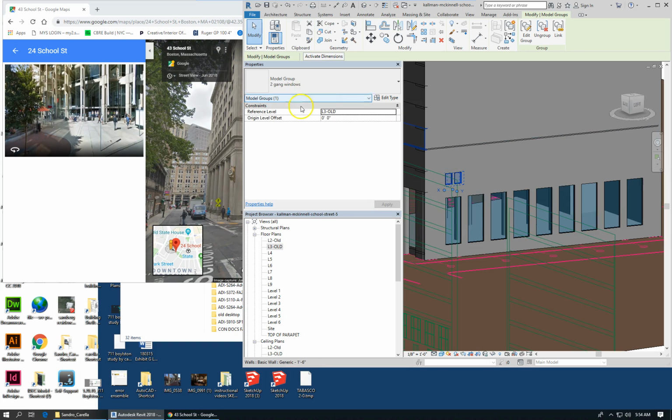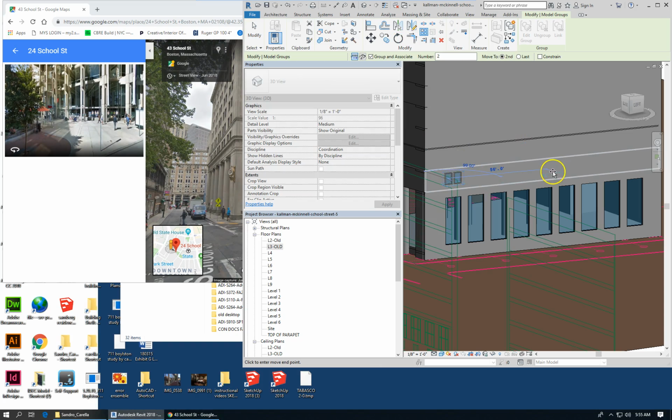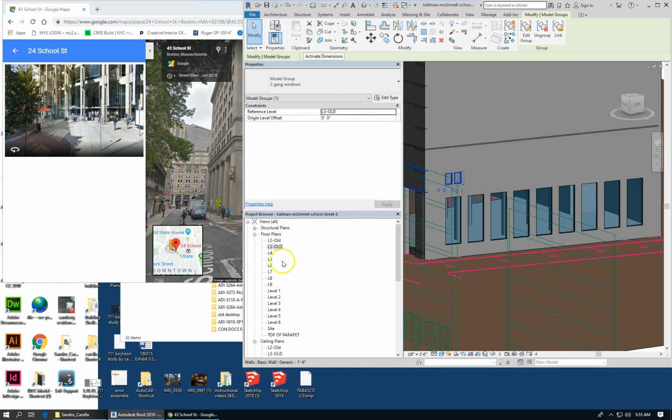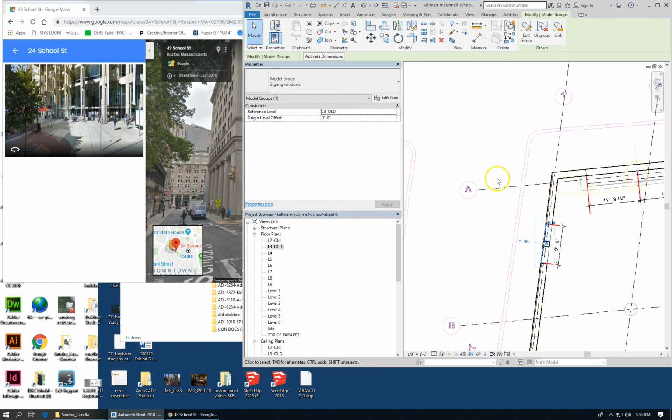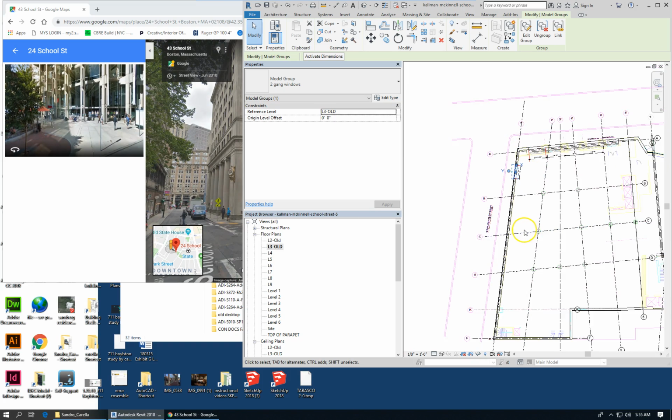So that array, this was 9 that way. So I arrayed in this direction. I think it'd be easier to do it from L3.